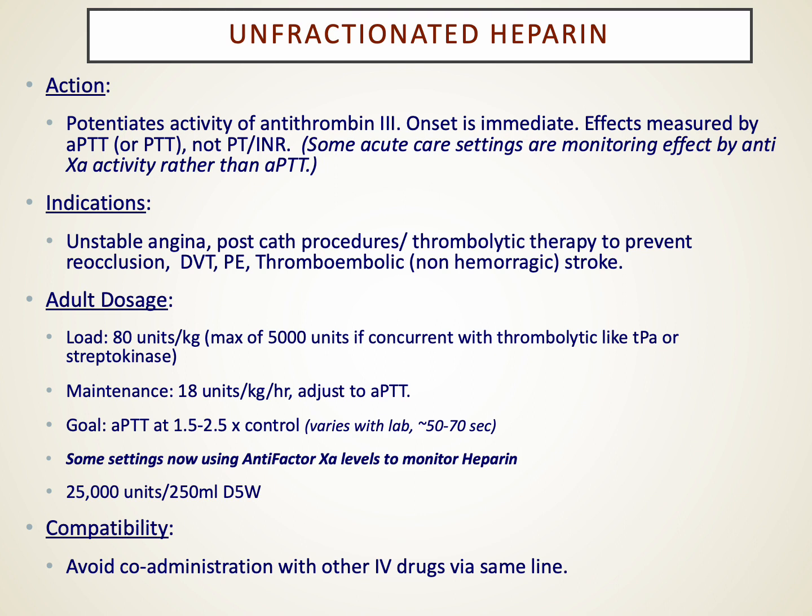Our indications for unfractionated heparin, giving it primarily IV, though we can also give lower dose subcutaneously, are for folks who have existing clots or are at high risk for clots. Those include patients with coronary events like unstable angina, folks who've had a catheterization procedure, and folks who have had other kinds of thromboembolic events like a deep vein thrombosis or a pulmonary embolism.